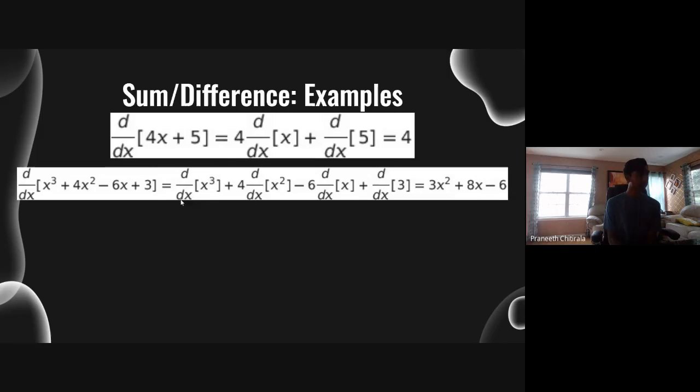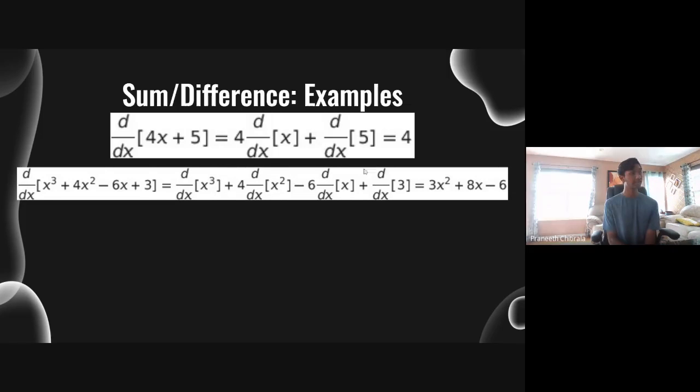You get the derivative of x cubed plus the derivative of 4x squared minus the derivative of 6x plus the derivative of 3. For these two terms, you could just move the constant out. And that's why the 4 and the 6 are out of the derivative. And now we just have the derivatives of each of x cubed, x squared, x, and 3.